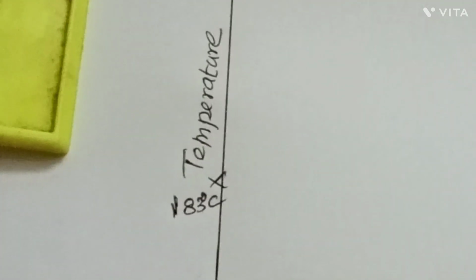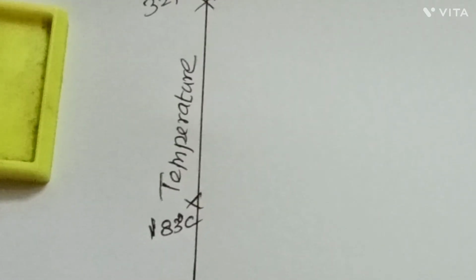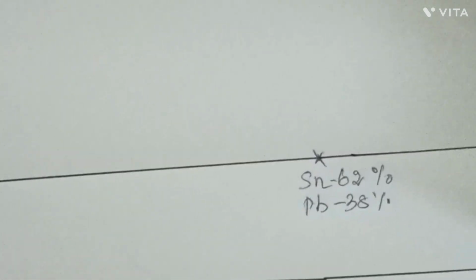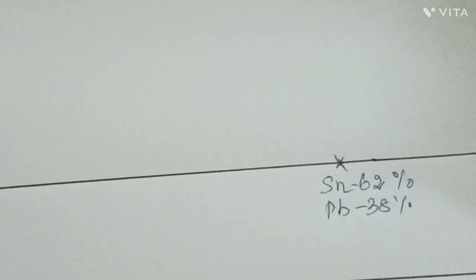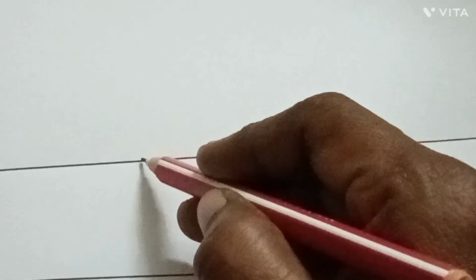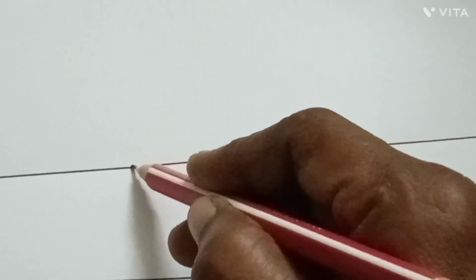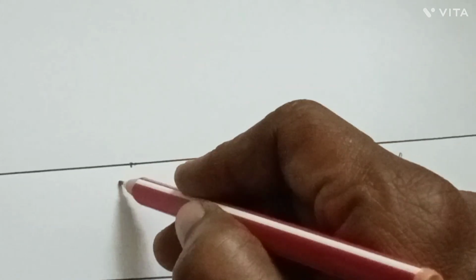One is at 38% lead. So what should be the tin? 62% tin. And then one at 98% lead and another at 18% lead. So mark all these 3 points. There are 3 eutectic points, E1, E2, E3.